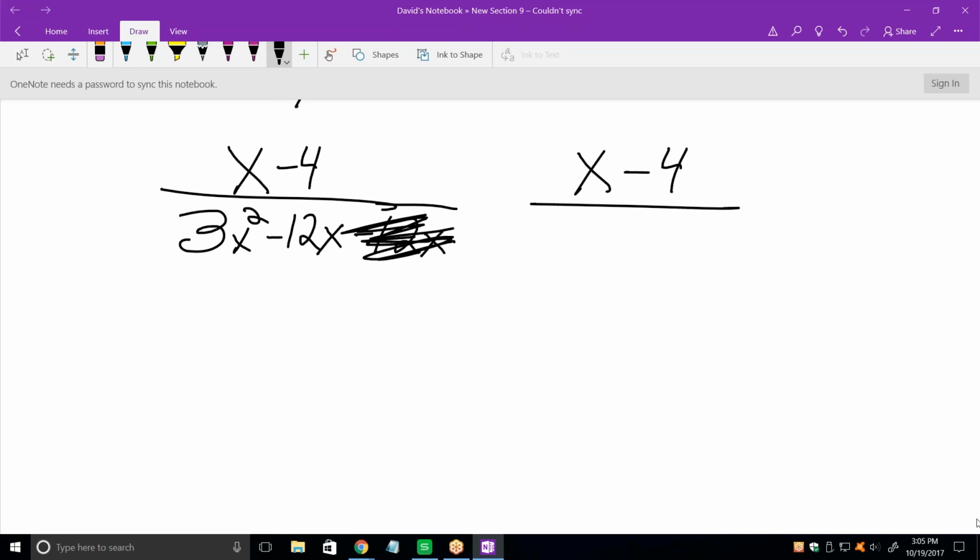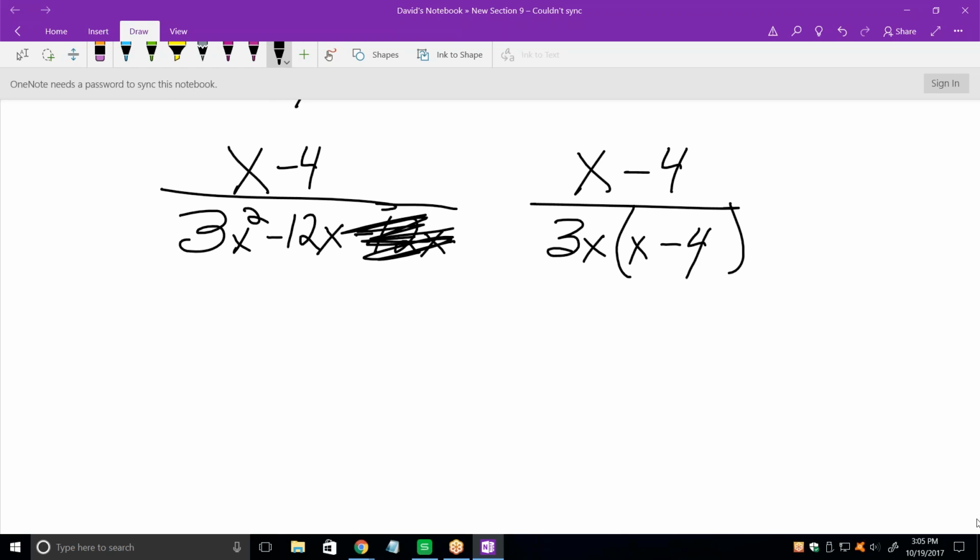Greatest common factor is the greatest thing that divides evenly into both terms. 3x. And then what's left over has to be x minus 4.